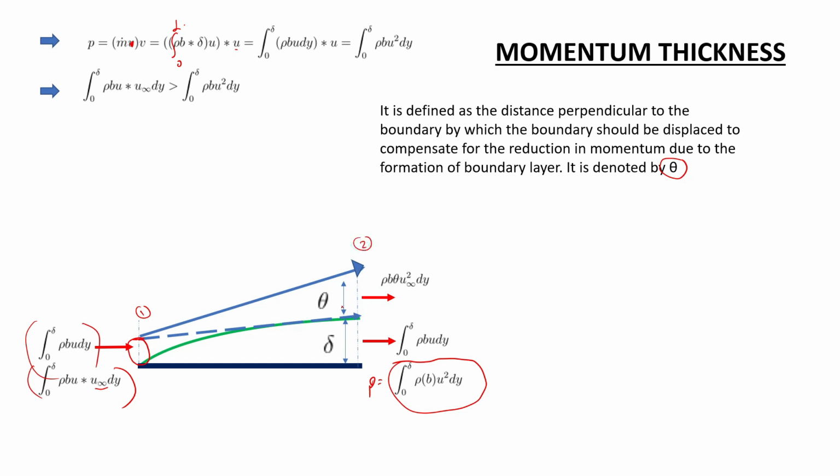So let us find the momentum through this height theta: rho b theta u infinity square, where b theta is the area, rho is the density, and u infinity square is the free stream velocity square.